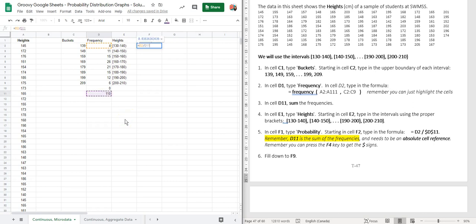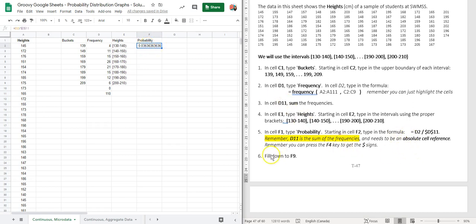So you have to press your F4 or your function F4, whatever that command is on your computer. If you can't get it, you can just type in a dollar sign before the D and a dollar sign before the 11. And when you click enter, that is now showing that that absolute frequency of 4 has a relative frequency or probability of approximately 0.036.